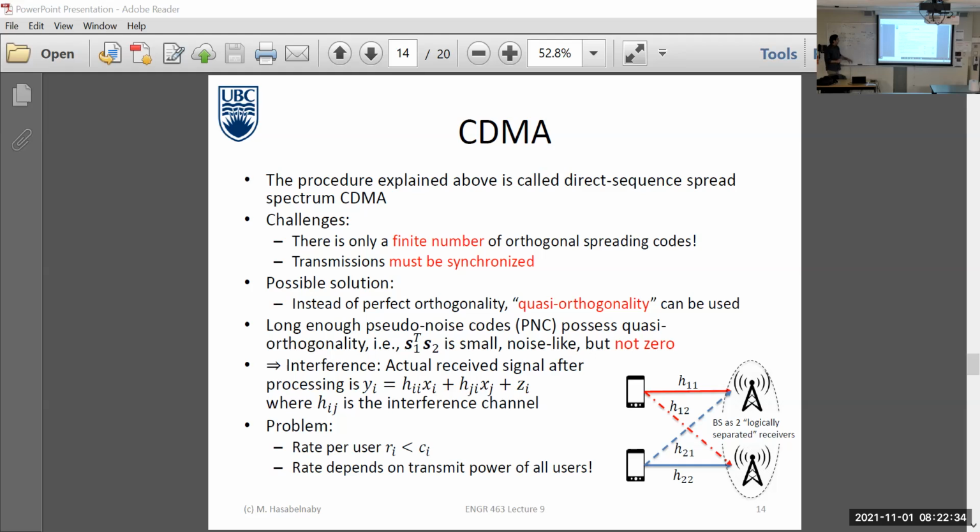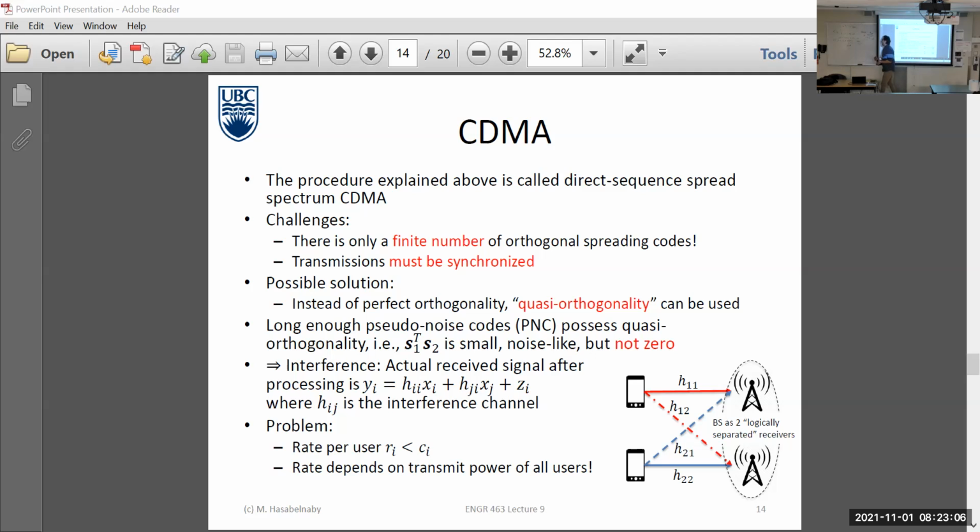At first, when the interference power is zero, for sure the signal to interference and noise ratio will be large, so I can achieve a larger data rate. But now we have an interference term, so the value of the signal to interference and noise ratio will be a little smaller.